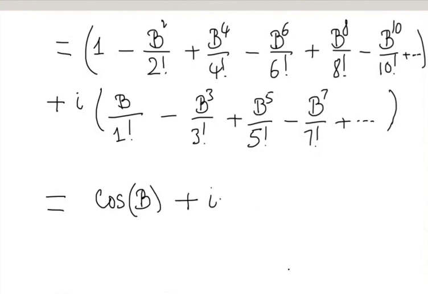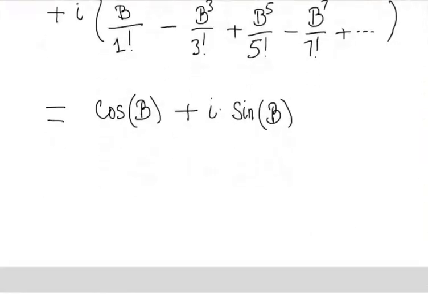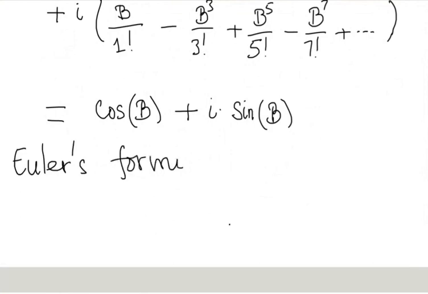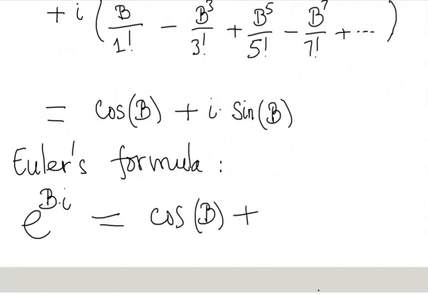It represents sine of b. So we have shown Euler's formula, which says that e to the bi is related to trigonometric functions: cosine b plus i sine b.